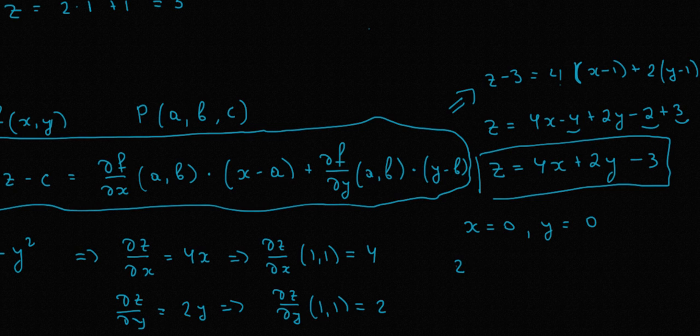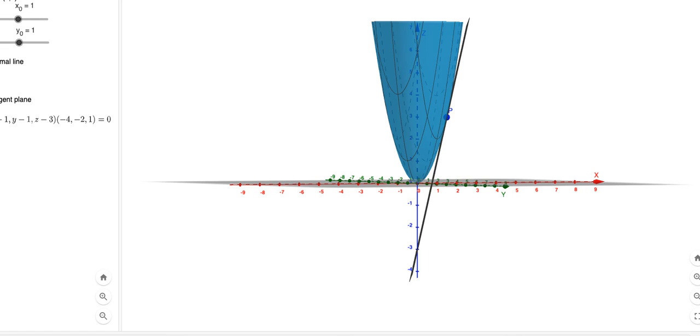And so if we substitute x equals 0 and y equals 0, we will get the following z value: 4 times 0 plus 2 times 0 minus 3, which is negative 3. And that is exactly what we saw on the graph. The tangent plane intersected the z-axis at the point negative 3.